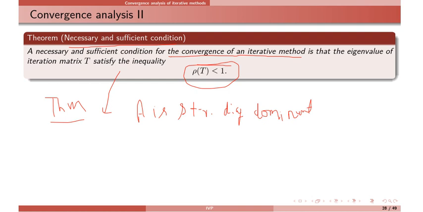So if matrix A is strictly diagonally dominant, then the iterative method will converge. And this is not necessary. If matrix A is not strictly diagonally dominant, then you cannot say anything. The method may converge, the method may not converge. That depends on the problem. But we are sure that if the matrix is strictly diagonally dominant, then the method will converge for sure.